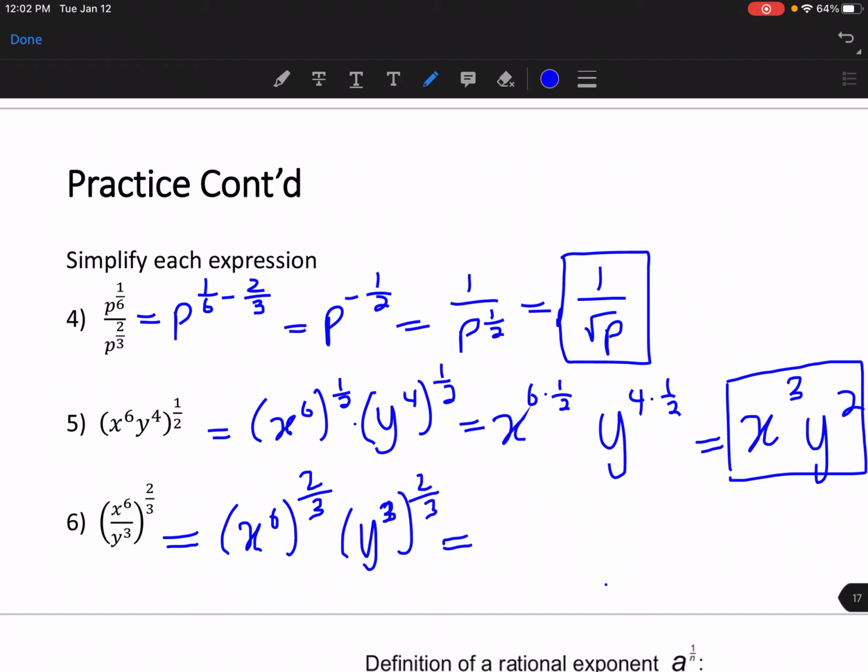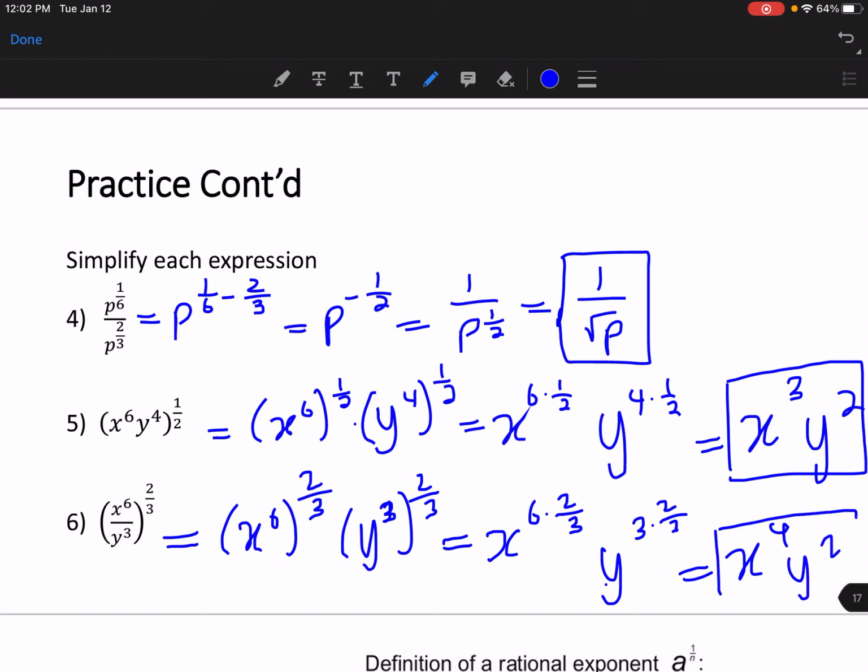Again, because this is a variable, I'm going to multiply my exponents together, which is 6 times 2/3, and then 3 times 2/3. All right, 6 times 2/3, that is x to the 4th. 3 times 2/3 is y squared. So x to the 4th y squared.